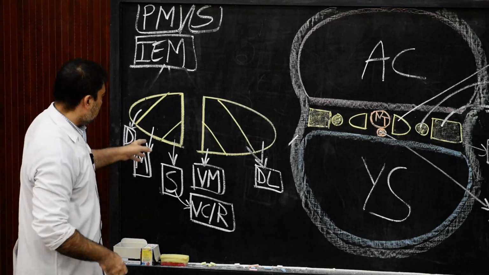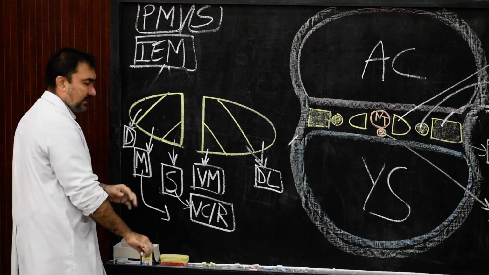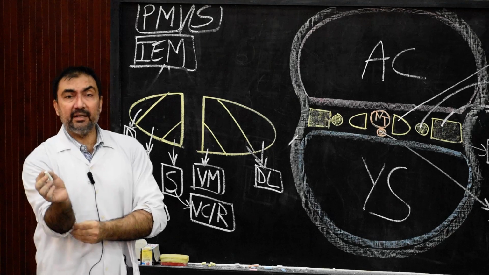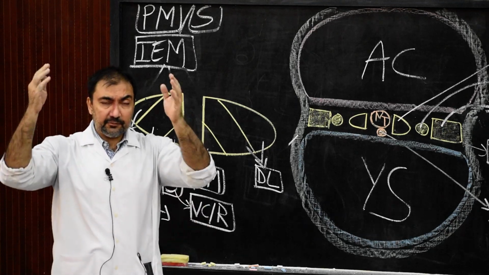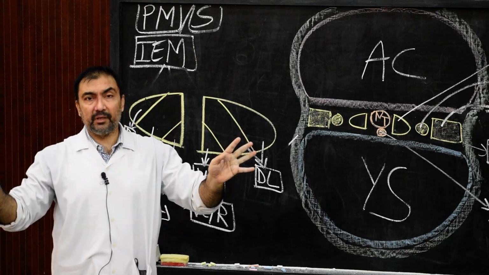Then we come to myotome. Please note down, the myotome portion will lead to development of segments of muscles, segmented muscles. And these muscles will either stay in the same region or they will migrate elsewhere.